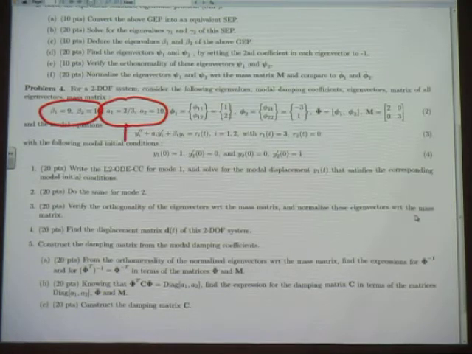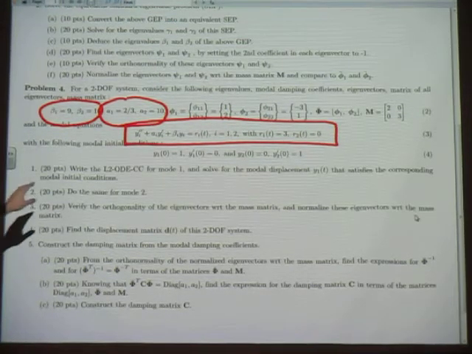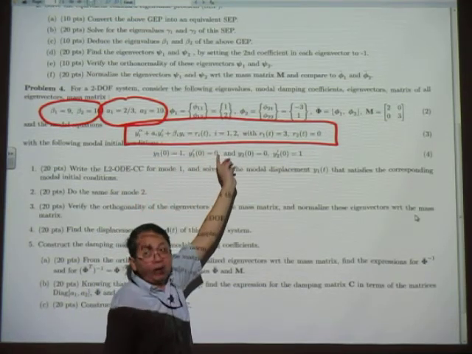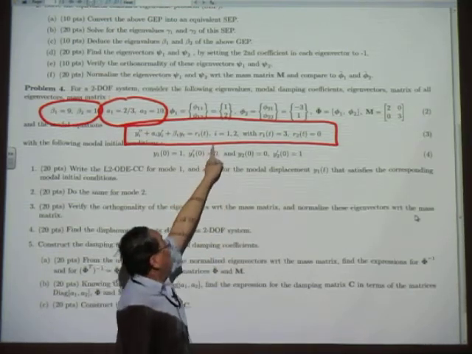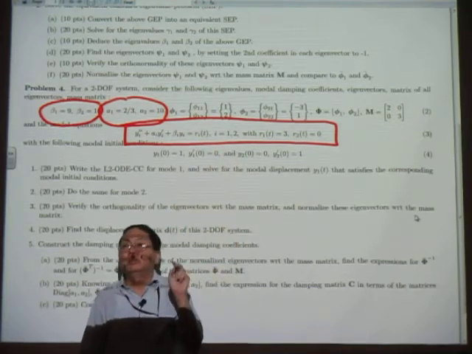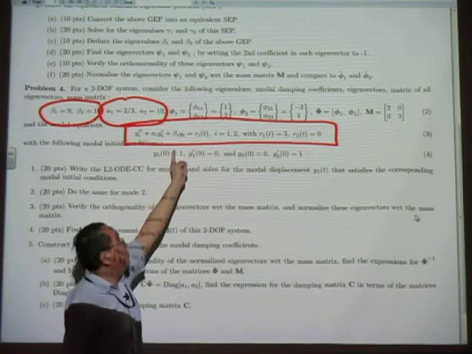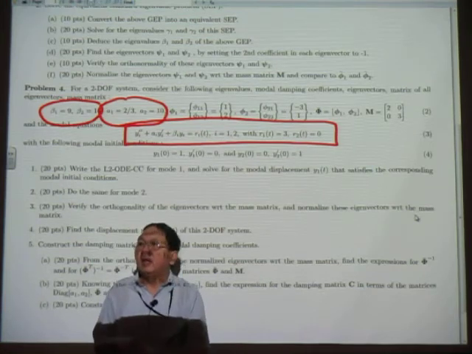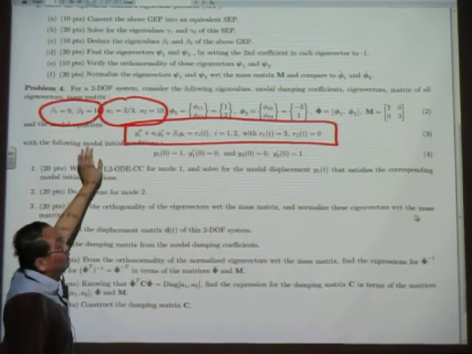Well, you need to look at this expression here, right? That's yi double prime plus ai yi prime plus beta i yi equals ri. So these are the two modal equations, right? Because i equals 1 or 2. These are two modal equations. So ai is the damping coefficient, and beta i is the eigenvalues. Okay. So the eigenvalues are given.